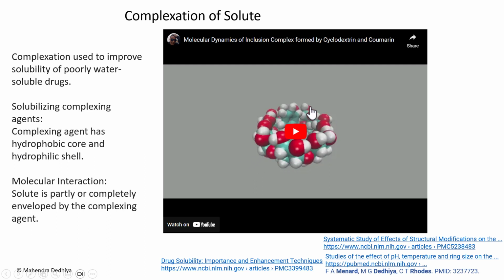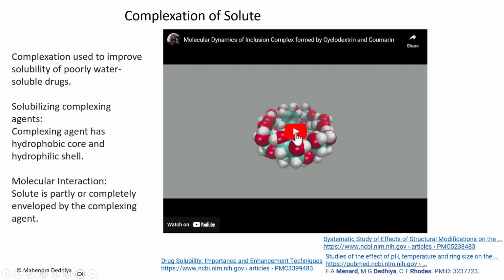So this has OH in the outer portion of it. That's the hydrophilic shell and hydrophobic core. Molecular interaction is that a solute, which is insoluble or poorly soluble in water, is partly or completely enveloped by the complexing agent. Solute sits in the center of it and thereby increases its solubility.